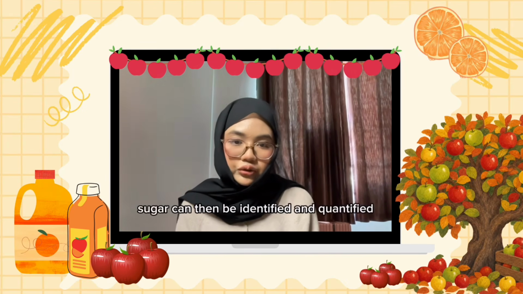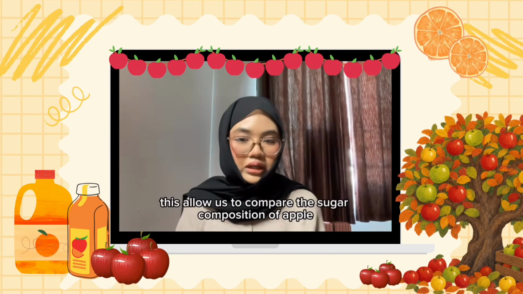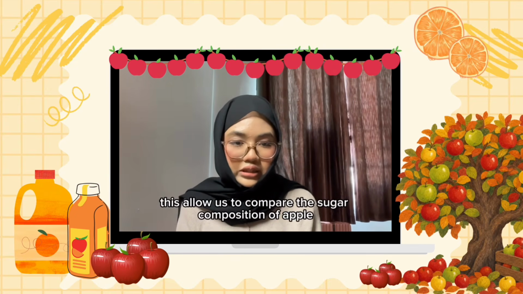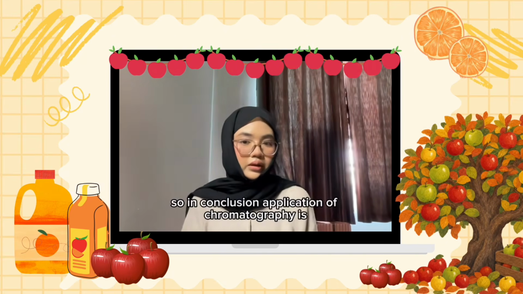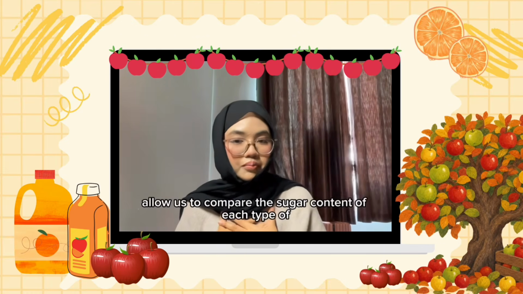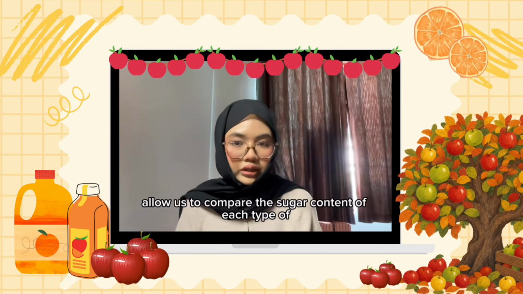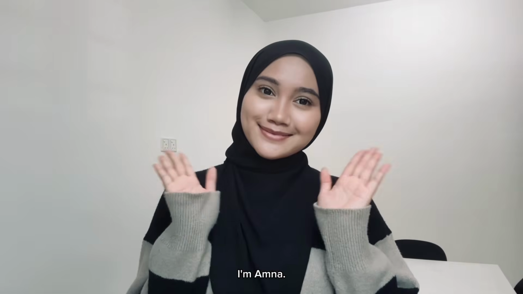The separated sugars can then be identified and quantified. This allows us to compare the sugar composition of apple juice and orange juice accurately. So, in conclusion, the application of chromatography allows us to compare the sugar content of each type of juice in this work. Thank you.